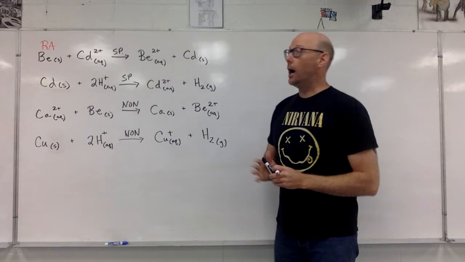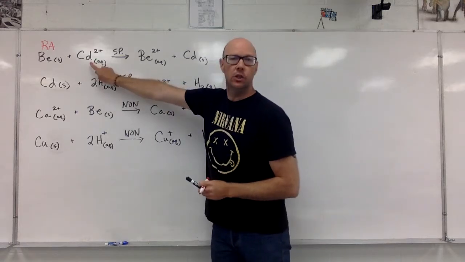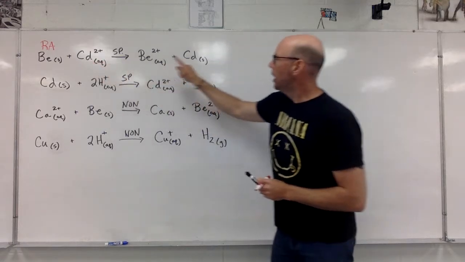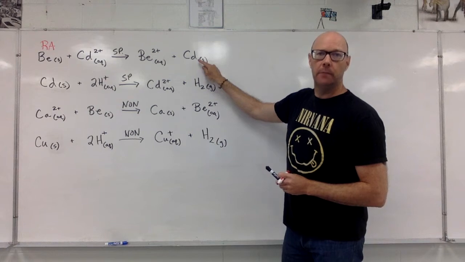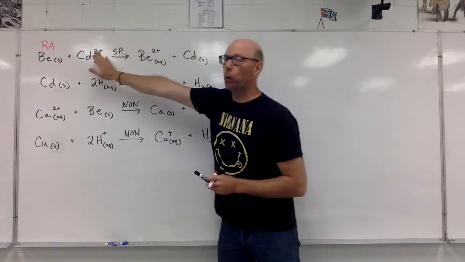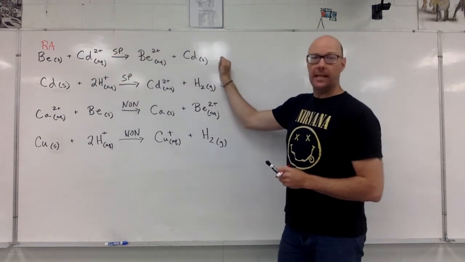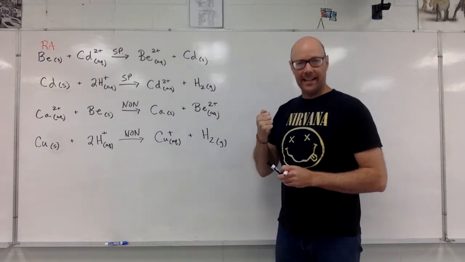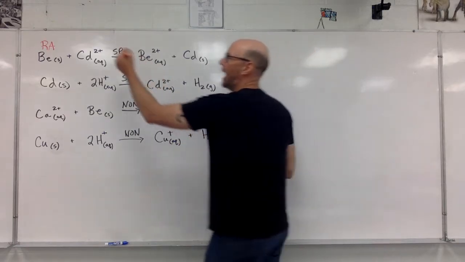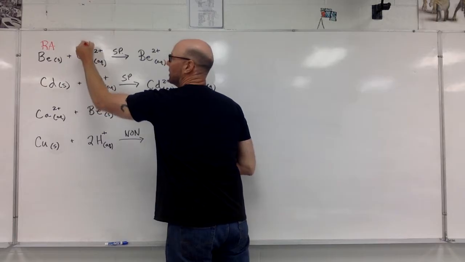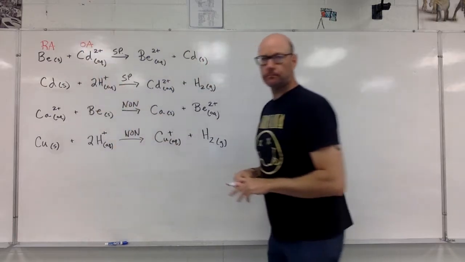The cadmium ions, these Cd2+ cadmium ions, became solid cadmium atoms. If they were positively charged, they became neutral by gaining electrons, by getting reduced. The cadmium ions here are the oxidizing agent.